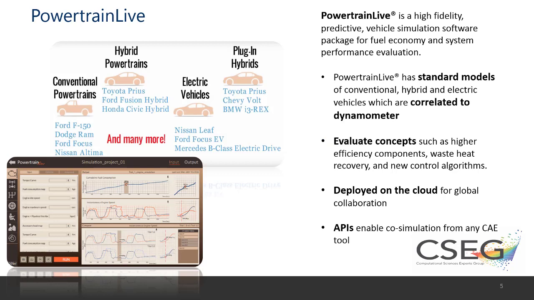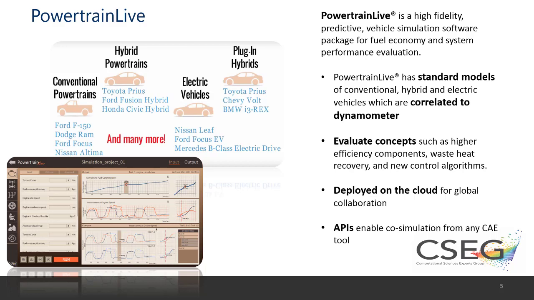The vehicle model development was done in PowertrainLive. PowertrainLive is a high-fidelity, forward-looking vehicle simulation software. There are a few things to note about it. Firstly, it is a forward-looking simulation software that teams can use to simulate fuel economy impacts and driving range impacts of different vehicles.